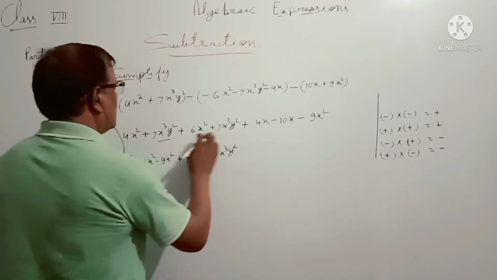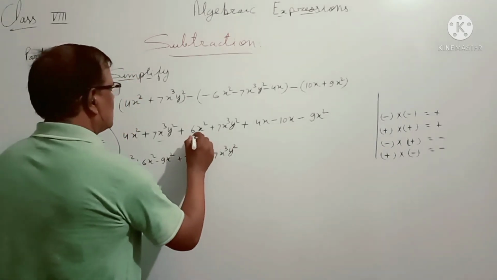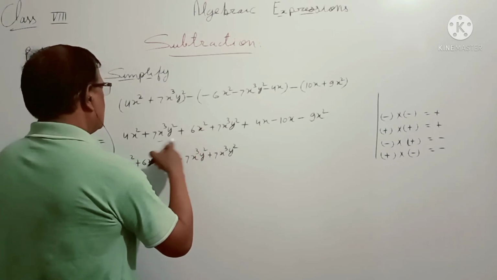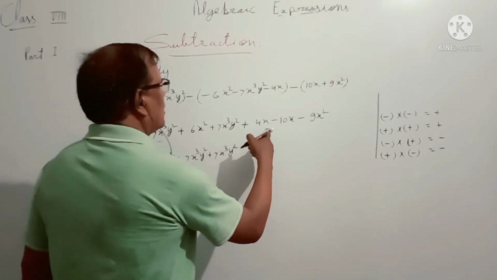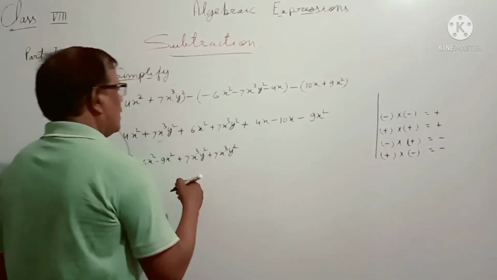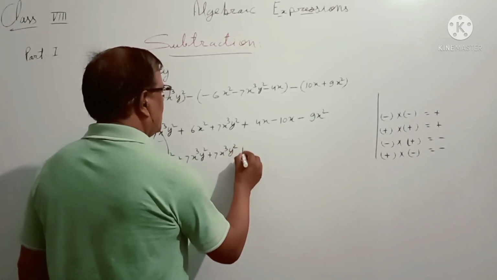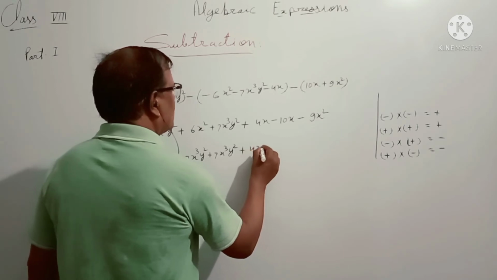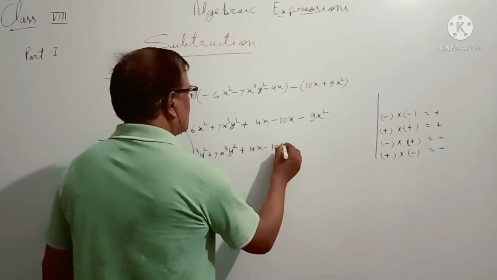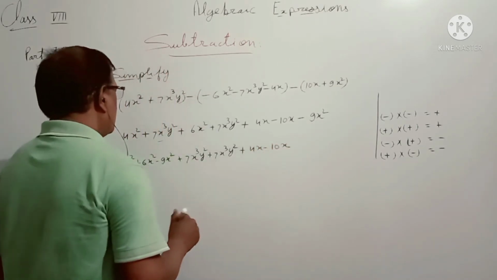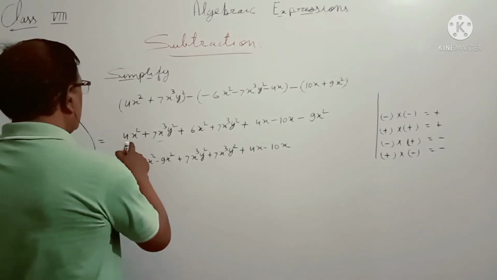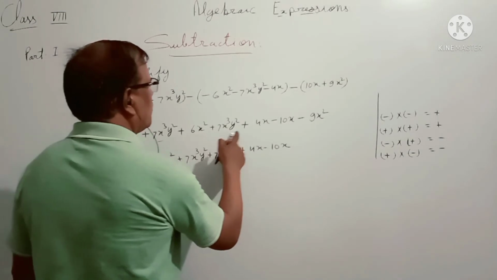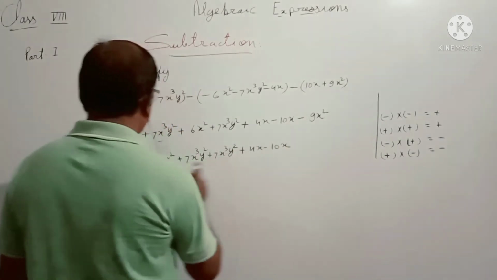Now we arrange the other terms. Here it is x cube y as x cube y. Now we see x only, as plus 4x minus 10x. Now we count the terms. Our terms are written. It is 1, 2, 3, 4, 5, 6, 7.